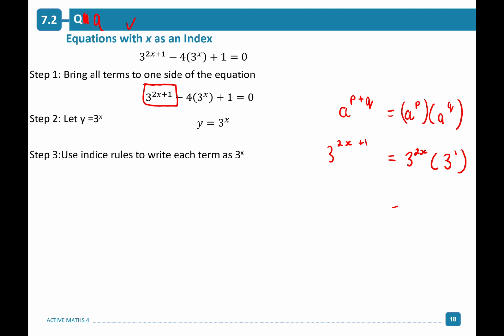We also know that Rule 3 states that a to the power of p times q is the same as a to the power of p, all to the power of q. This means that 3 to the power of 2x is the same as writing 3 to the power of x, all squared.